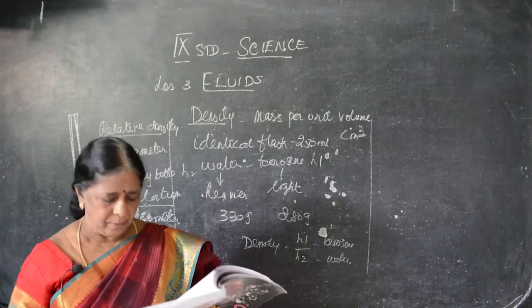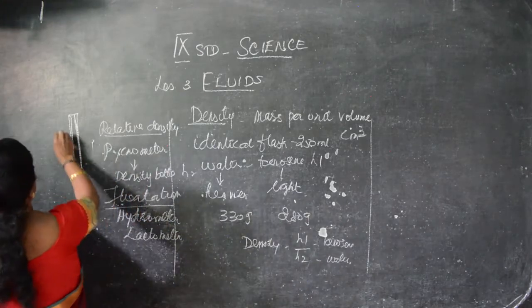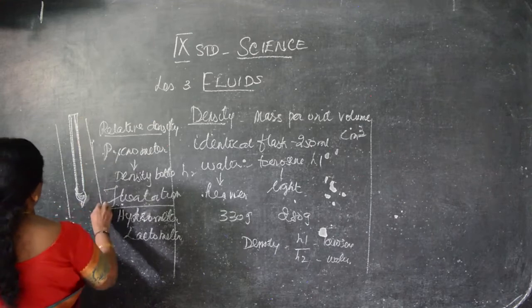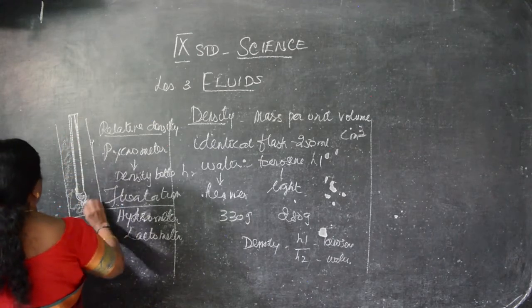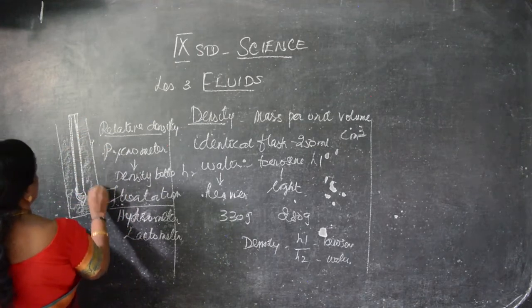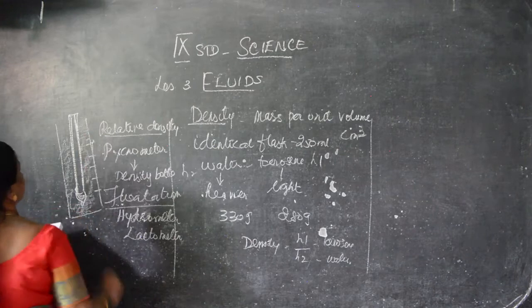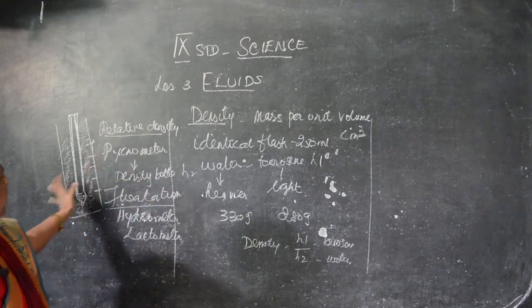Readings will be there in the measuring jar. The liquid is placed in this, the hydrometer is floated here, and we find the reading. Then you take the same hydrometer out.